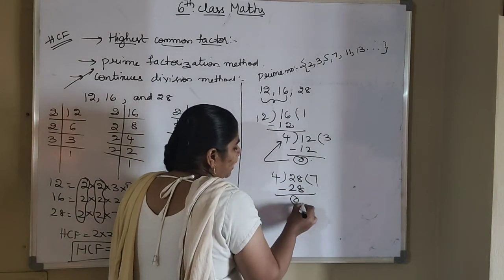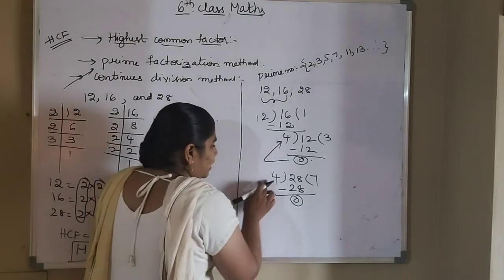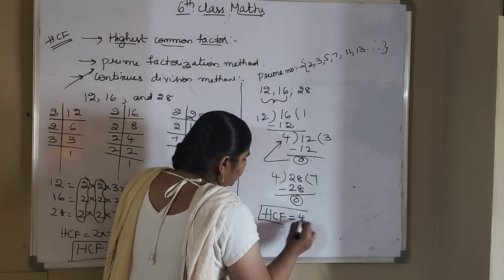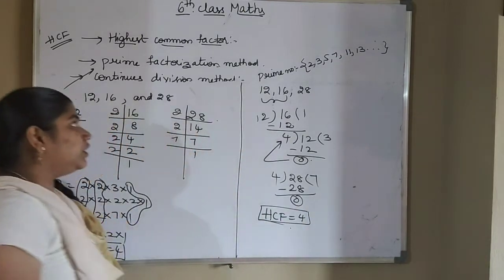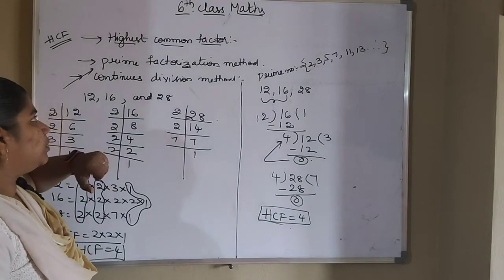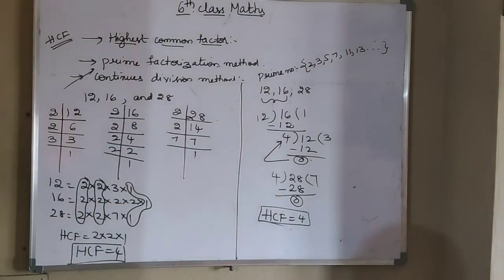You got the remainder as 0. So all the numbers are completed now. So what is the HCF value? HCF is 4. So this is our HCF found by the prime factorization method and also the continuous division method.